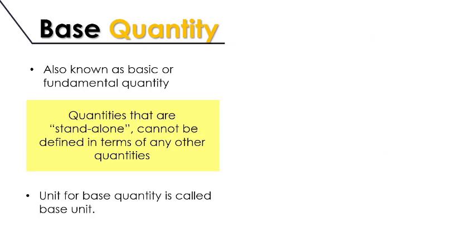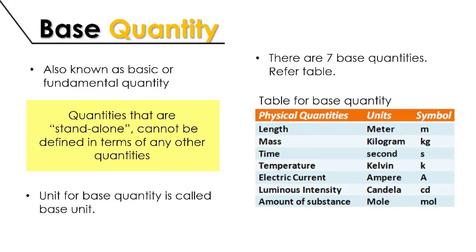Base quantity is also known as basic or fundamental quantity. It is defined as quantities that stand alone and cannot be defined in terms of any other quantity. Unit of base quantity is called base unit, as base units help us to define more complex units in derived quantity.